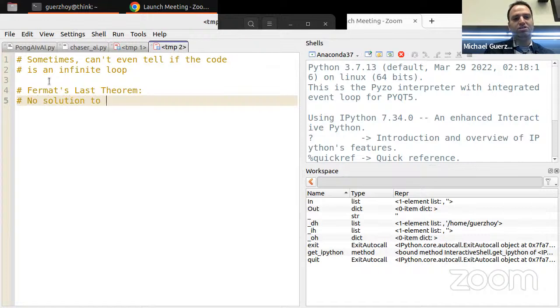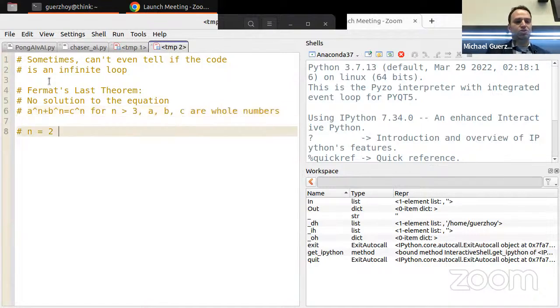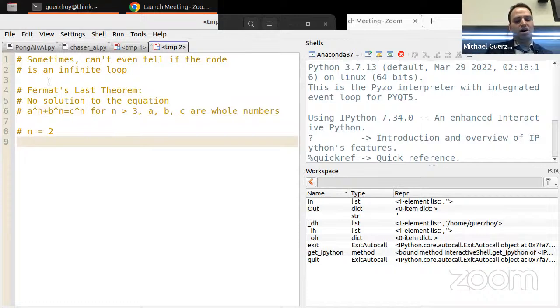It states there is no solution to the equation a to the n plus b to the n is equal to c to the n for n greater than 2, where a, b, and c are whole numbers. For n equals 2, there are solutions like that, right? So for example, 3 squared plus 4 squared is equal to 5 squared. That's a solution, right?